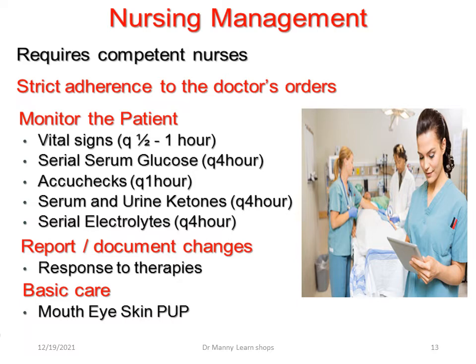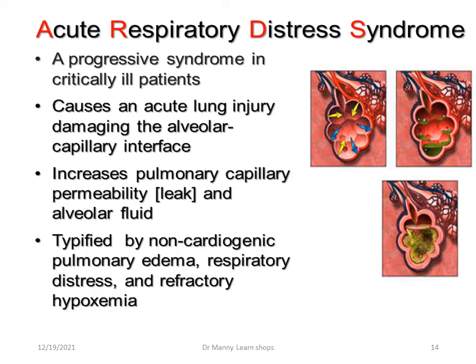Serum and urine ketones every 4 hours. Serial electrolytes every 4 hours. But again, it depends on your unit policy. You report and document changes in relation to response to therapies, and you are always providing mouth, eye, and skin pressure ulcer prevention care.